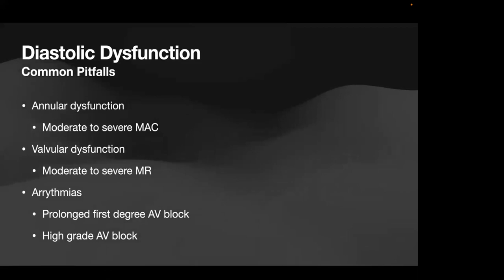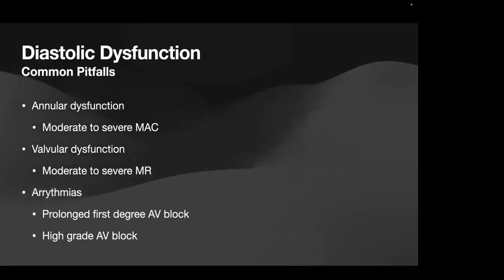Because again, we're using those normative values as our E over E primes. And if you have valvular dysfunction itself, so moderate to severe mitral regurgitation, all of these things start to go out the window. You can have relatively normal filling pressures, but your E over A can be greater than 2. You can have crazy filling patterns. It really is a matter of the transmitral flow, so it's not really helpful in those conditions.